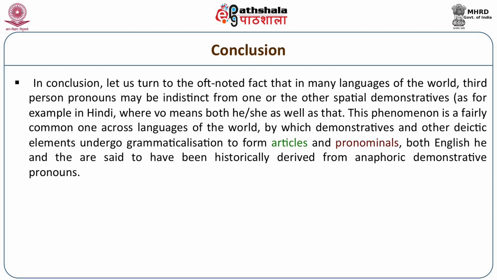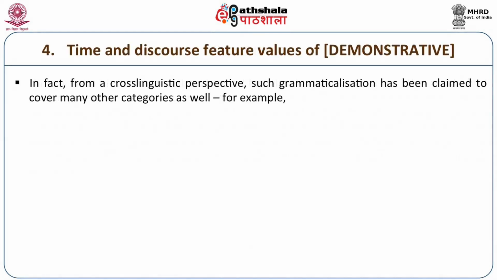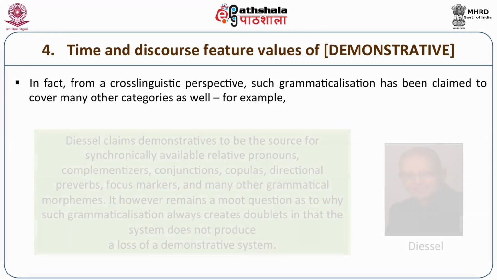Demonstratives and deictic elements undergo grammaticalization to form articles and pronominals. Both English he and she are said to have been historically derived from anaphoric demonstrative pronouns. In fact, from a cross-linguistic perspective, such grammaticalization has been claimed to cover many other categories as well.